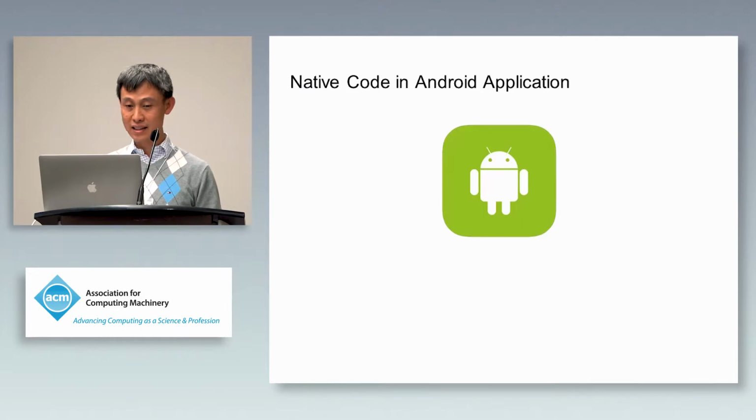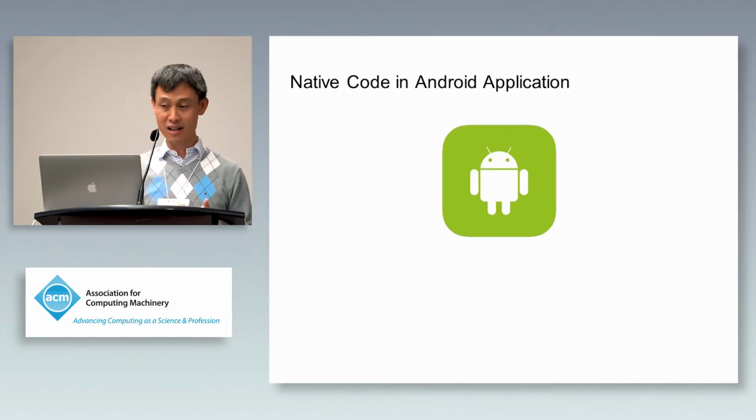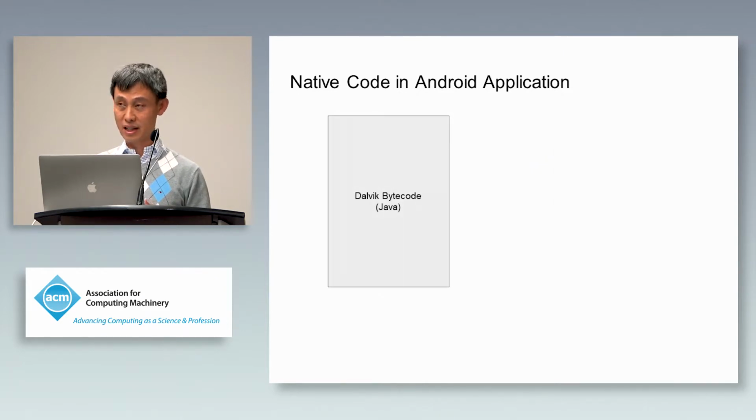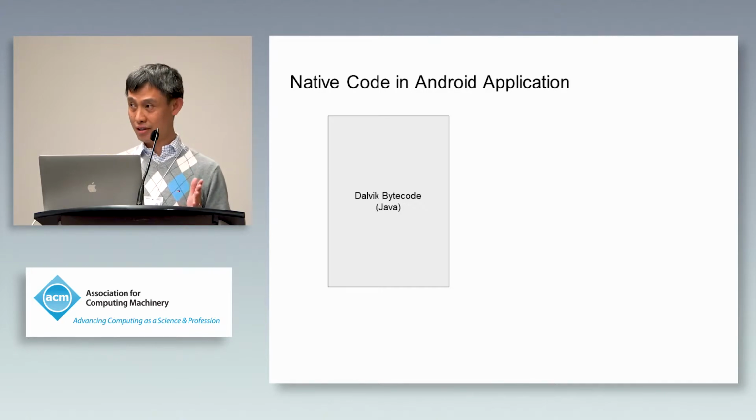So we all know that in Android applications, one can have native code. The way it normally works is you can write the Android app in Java. This is the most common way. And the Java program gets compiled into Dalvik bytecode, which will be run by the Android runtime system.